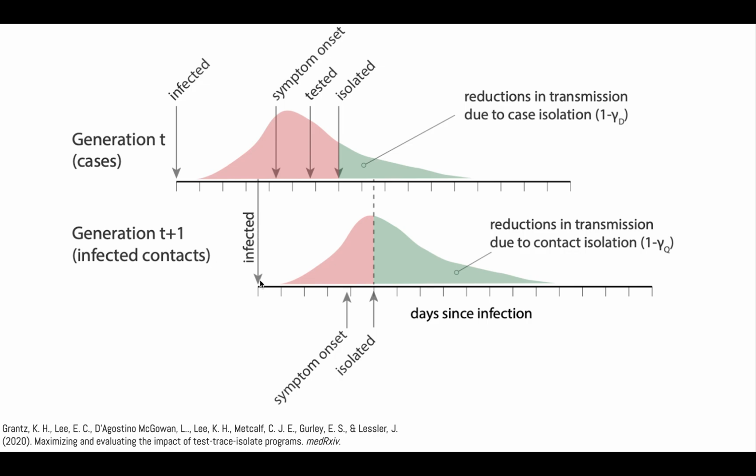This person is infected here, and they get symptoms here, but they're isolated much more quickly because they're already in quarantine. So they can very quickly be put into isolation, and all of these folks here end up being reductions in transmission. No one on this side of the isolation line would be getting infected, and so the infection rates go down even farther.